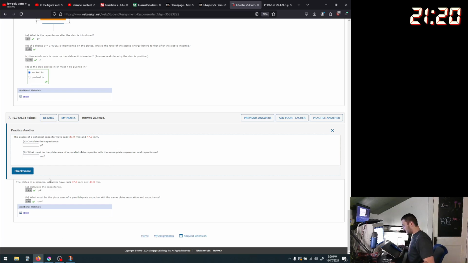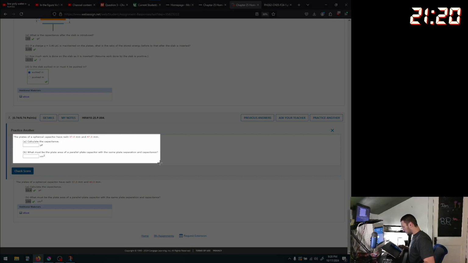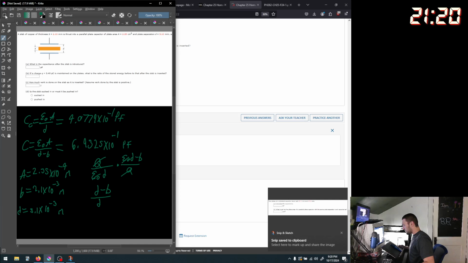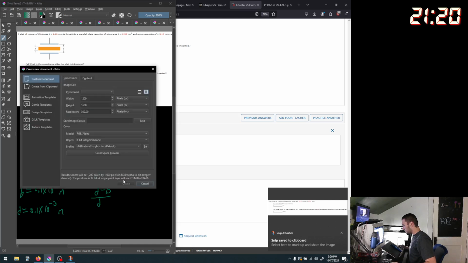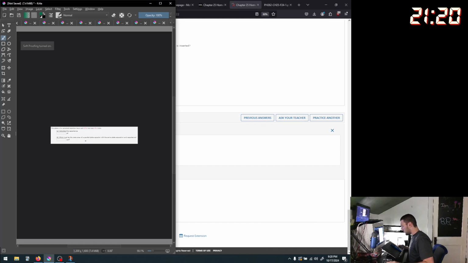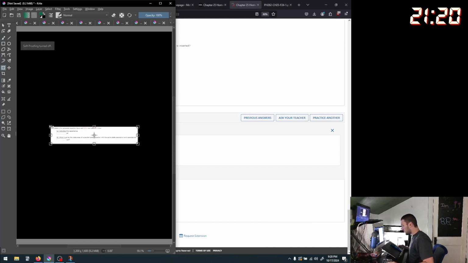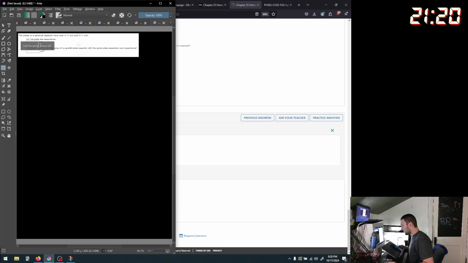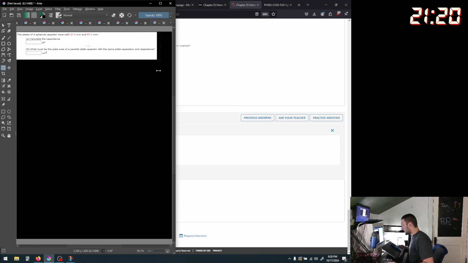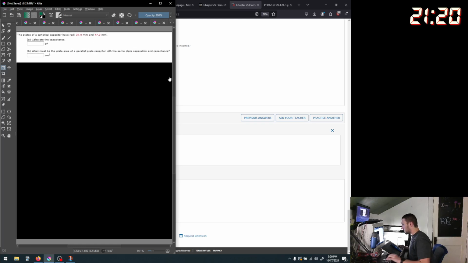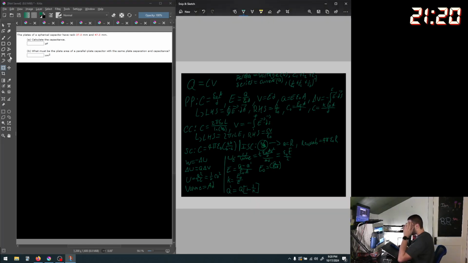And then lastly, plates on a spherical capacitor. We're going to have first, I'll do radius inner, radius outer.